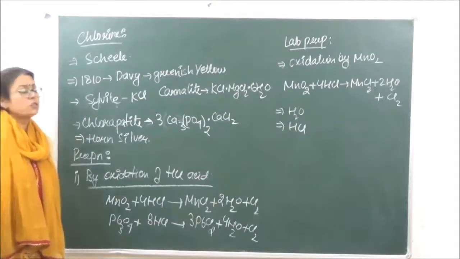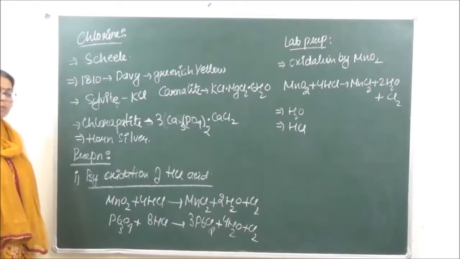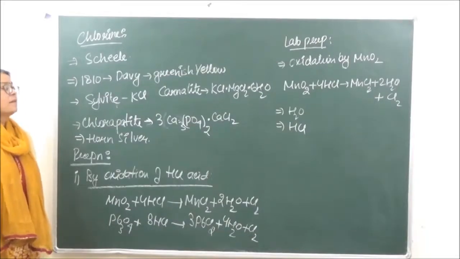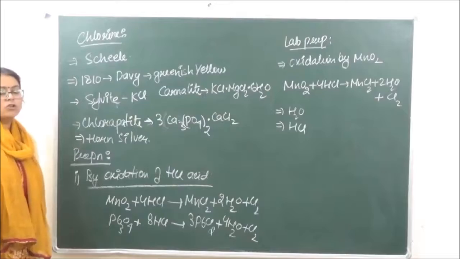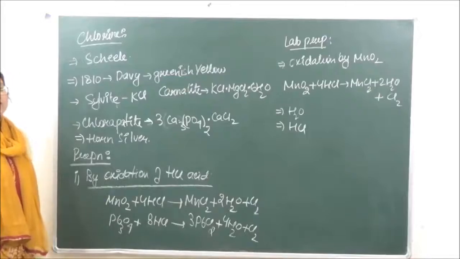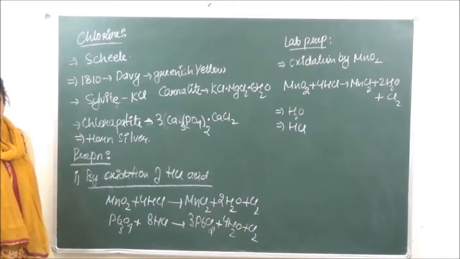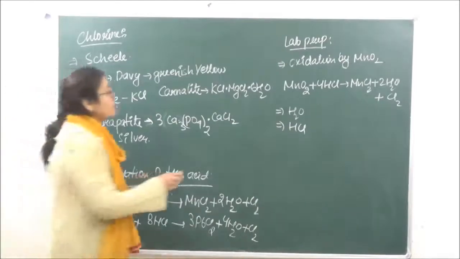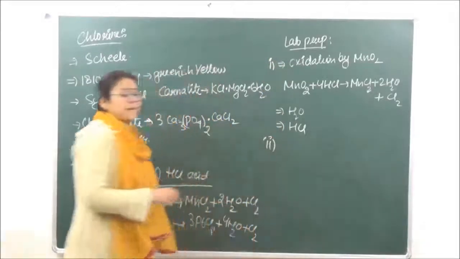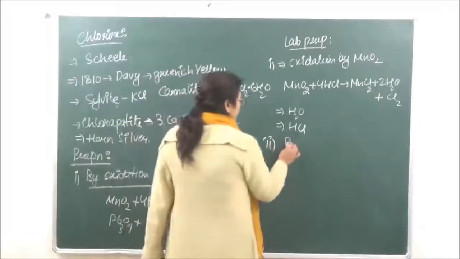We know that concentrated H2SO4 behaves as a dehydrating agent. So what will it do? It will remove the water from it. Okay? So two impurities are present, water and HCl. What do we do? In the first step, the gas that comes out is passed through water, which removes HCl, and then when we pass it through concentrated H2SO4, the water is removed. Okay? Then the second laboratory preparation, this was the first one, the second laboratory preparation is by the action of HCl on KMnO4.